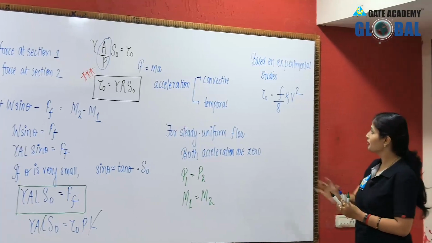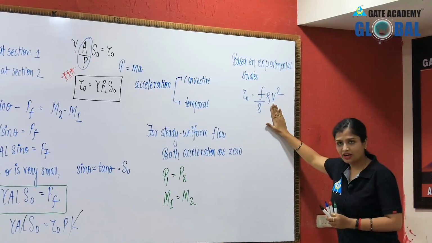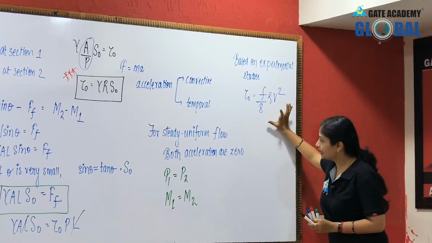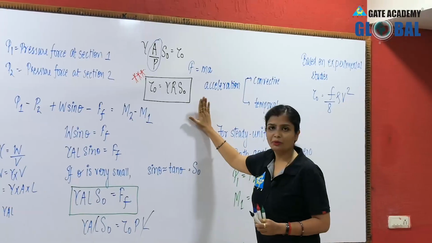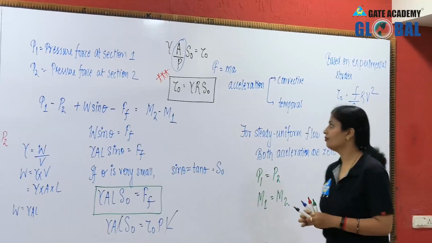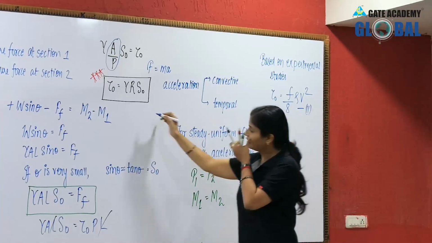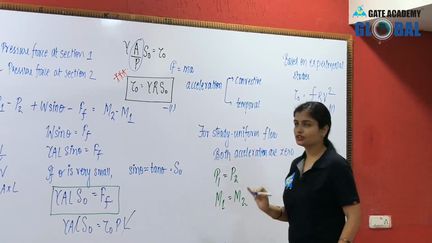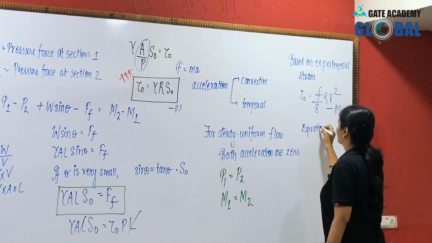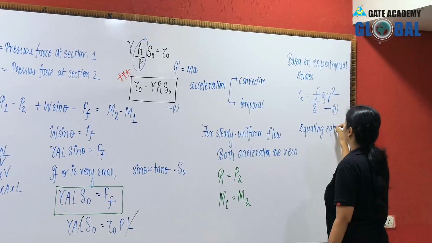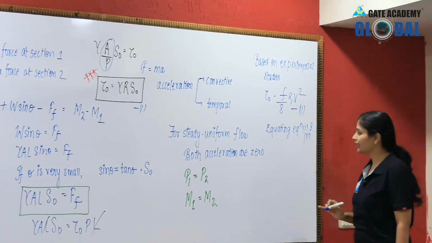Now, if you will ask me how you got this, so this is based on experimental studies, fine. So, I can equate this value of tau naught with this value of tau naught which I got. So, now I can put this equation as second and this one as first. So, equating equation 1 and 2. What I will get it as?